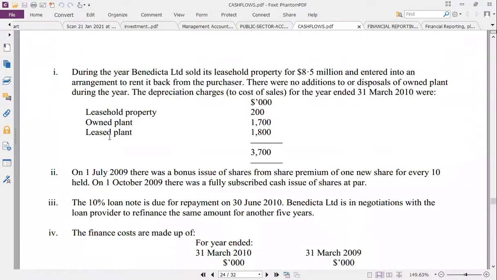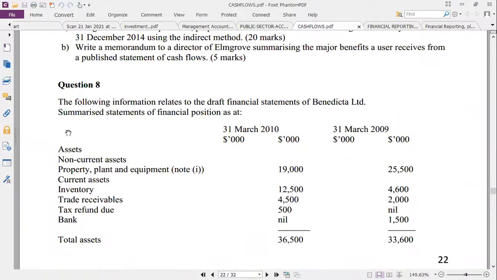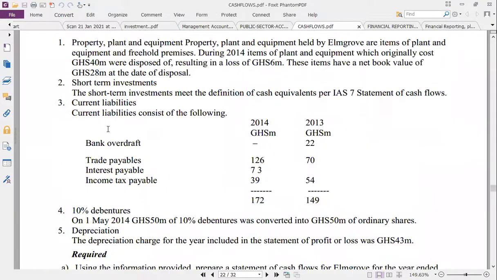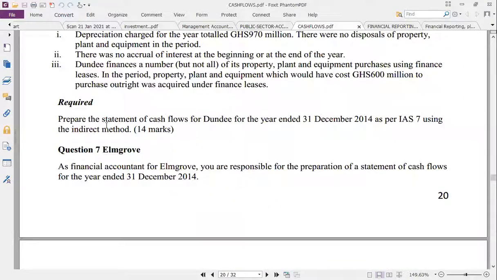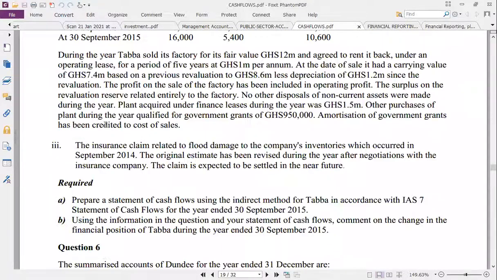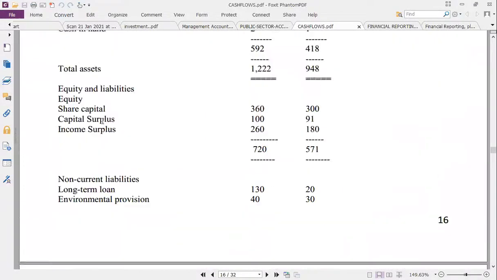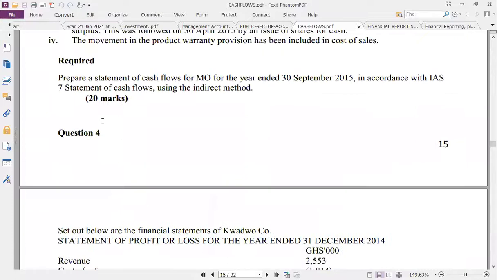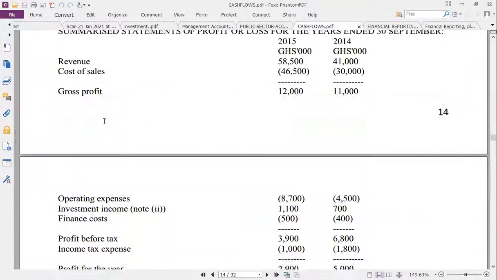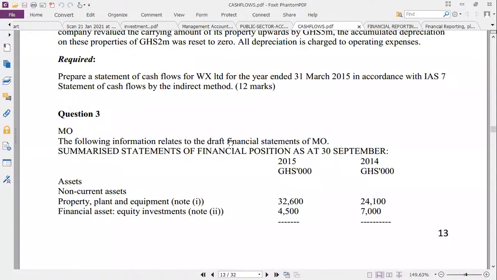I can see lease plans. Okay, so that's question number 8. So try and see if you are doing it or not. Look for question 8 and look for question 3. Let's go to question 3. Good, question 3 is in here. That's more limited.